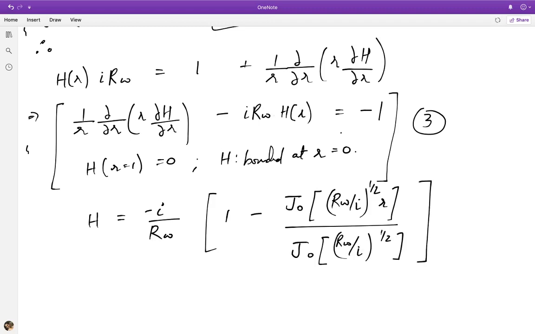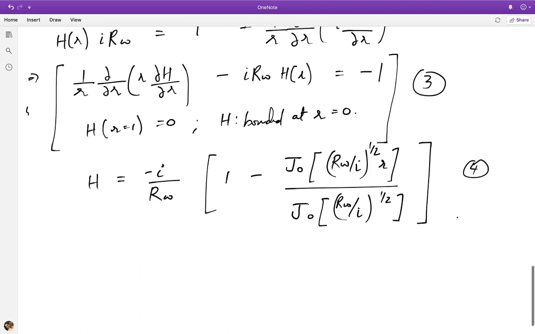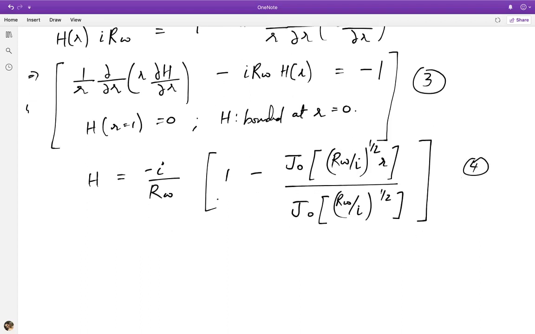Typically, the solution to this Bessel's equation also involves a Bessel's function of the second kind, Y, but that diverges at r going to 0, and since we need it to be bounded, we set the coefficient of that second homogeneous solution to 0. And so the final analytical solution is written here. Let's call this 4.